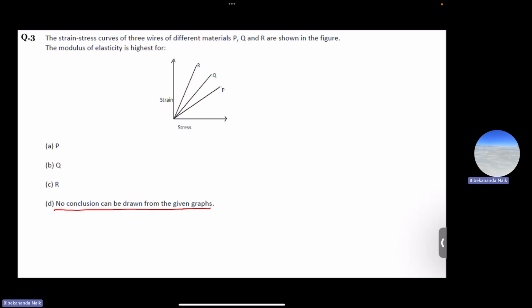So let's discuss. We know how we determine the modulus of elasticity. The modulus of elasticity, suppose E, is given by stress by strain.